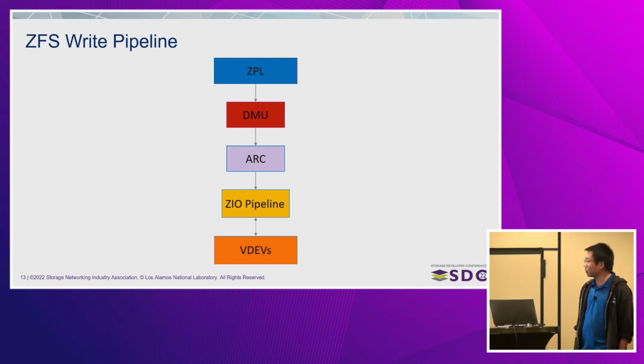The data is passed into the ZFS POSIX layer at the top, which is then passed into the data management unit layer, which then forwards the data and the command into the adaptive replacement cache, the ARC, in the middle. So instead of passing this data further down into the ZIO pipeline, the data is actually copied into the ARC, and the write command returns saying that the write has been completed.